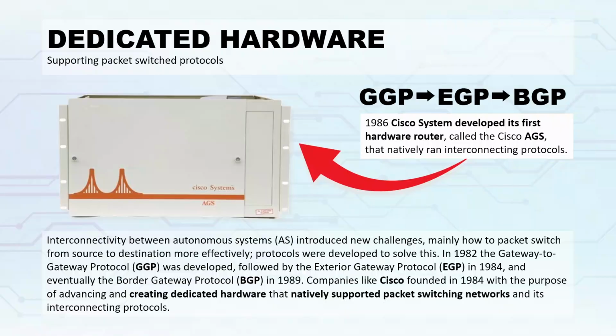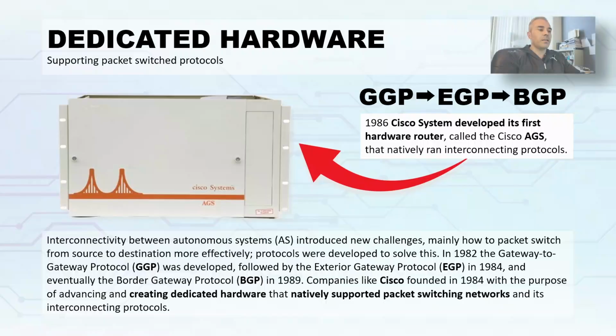Along comes Cisco, and Cisco was dedicated to creating hardware that would support specifically this interconnectivity and the protocols that support it. So they started with GGP, gateway-to-gateway protocol, EGP, exterior gateway protocol, and that would eventually lead us to BGP. In 1986, Cisco developed its first hardware router, called the Cisco AGS, that natively ran interconnecting protocols.